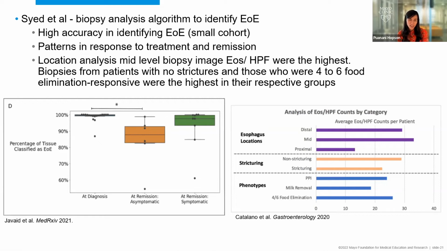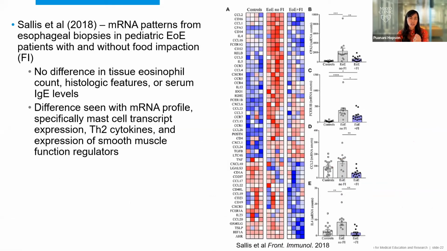There are a few more, but I wanted to jump from looking at biopsy analysis and algorithms to looking at mRNA patterns from the esophageal biopsies. Colleagues out of Boston and Harvard took a look at esophageal biopsies from pediatric patients, those that had food impactions and those that didn't, and found a very specific mRNA pattern that was able to differentiate the two.